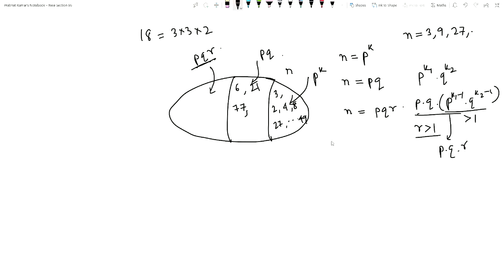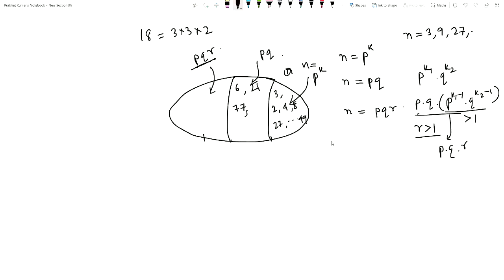So we are asked to find how many natural numbers there are among all these which do not divide n minus 2 factorial. So we need to check what kind of numbers of the form pq do not divide n minus 2 factorial, and if n is of the form p to the power k, how many numbers of this form do not divide n minus 2 factorial.